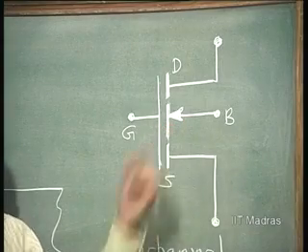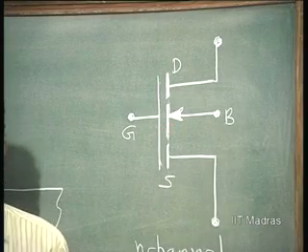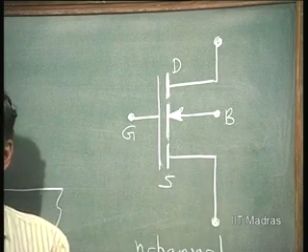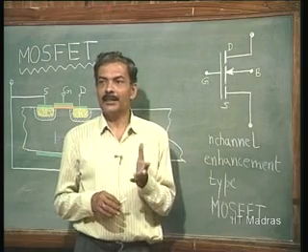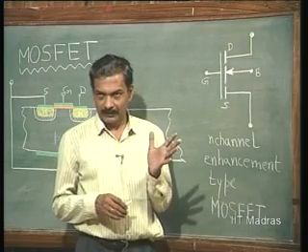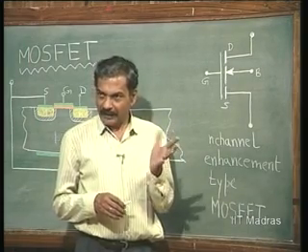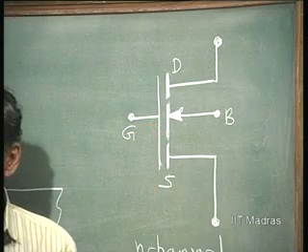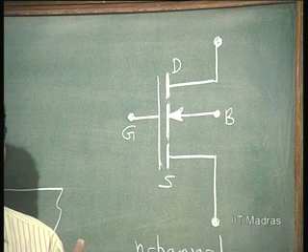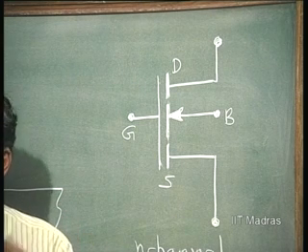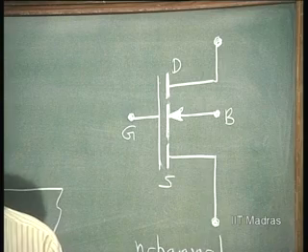Now, as far as this arrow is concerned, let us also understand why this arrow has come about. This arrow, as I told you, in any symbol in electronics indicates the actual direction of flow of current, but current need not flow. It is the actual direction of flow of current when that particular junction near it is forward biased, but the junction normally may not be forward biased at all.